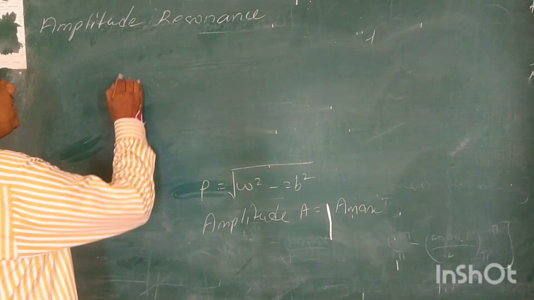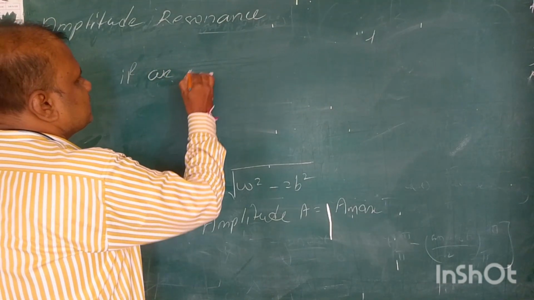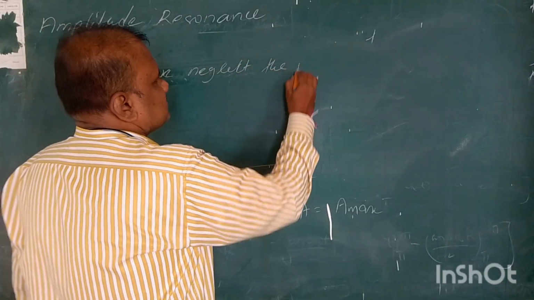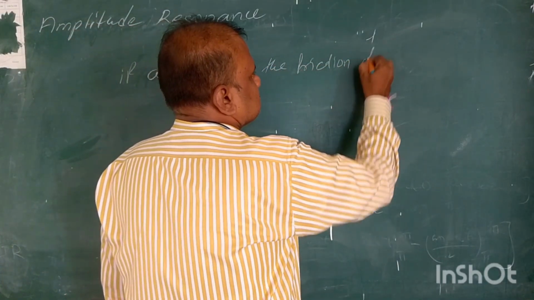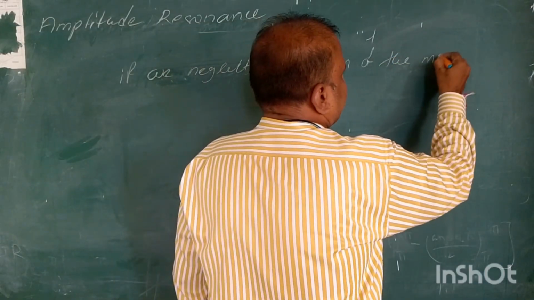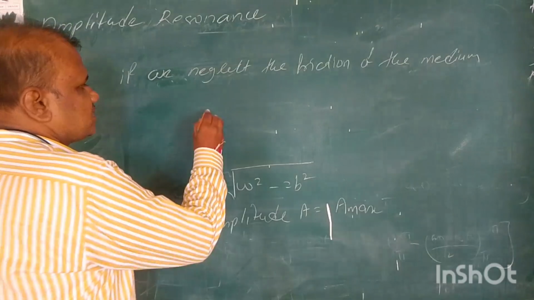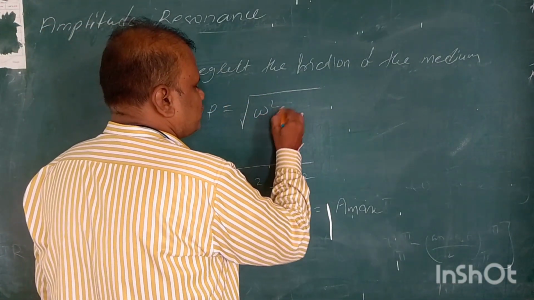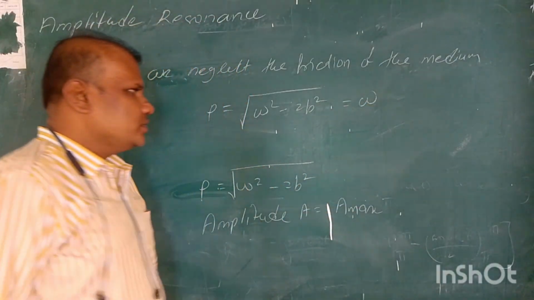Okay. So if we neglect the friction of the medium, then p, under root of omega square minus 2b square, becomes equal to omega.